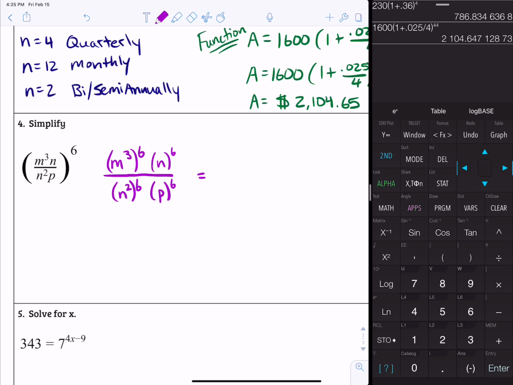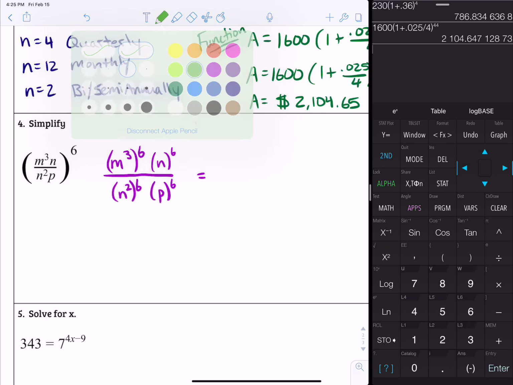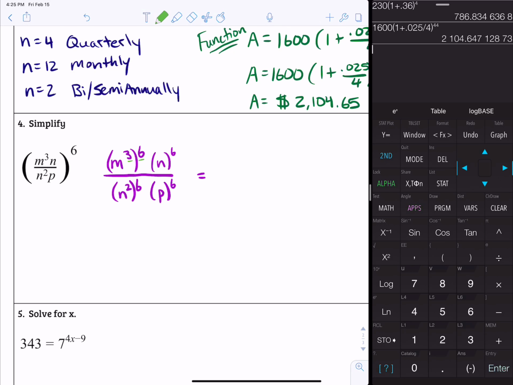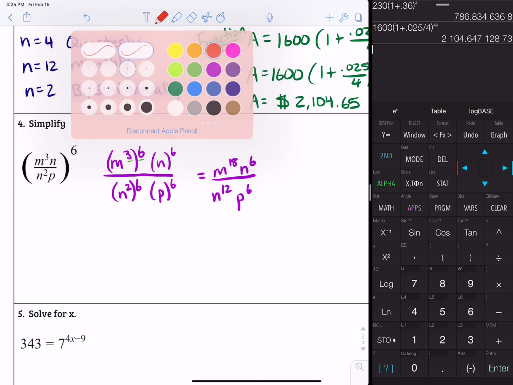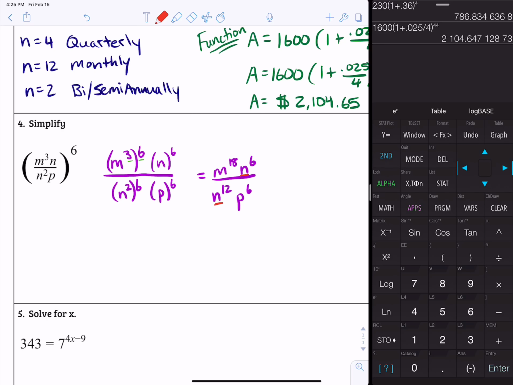Take each piece of the fraction and take it to the 6th power. And then simplify. So with that, you're going to multiply these exponents together. So I end up with m to the 18th power, n to the 6th power, n squared, and p to the 6th. But then we have a base of n on the top, our numerator, and on the denominator. So we need to subtract.